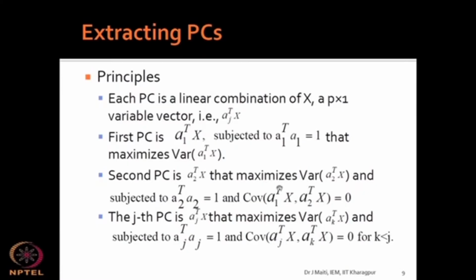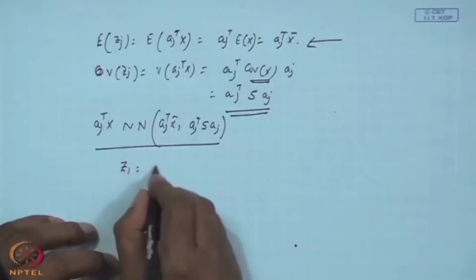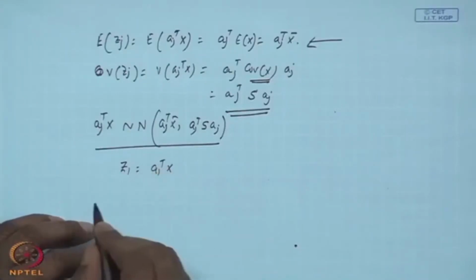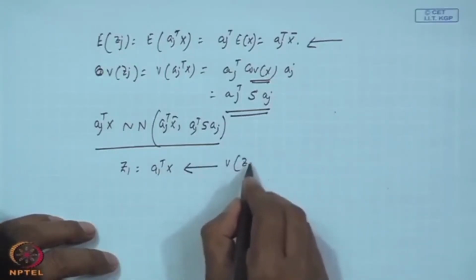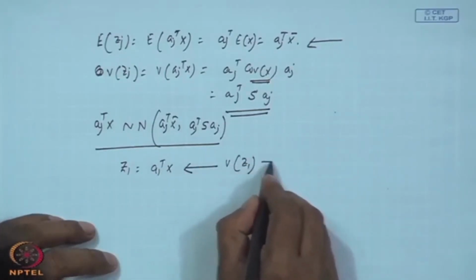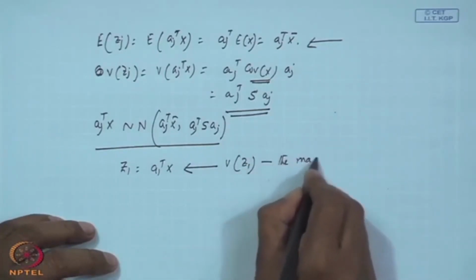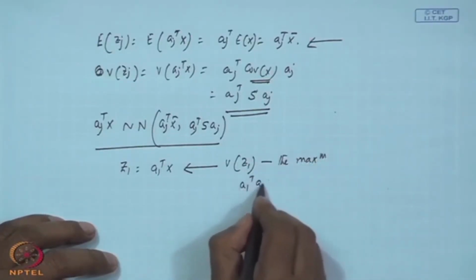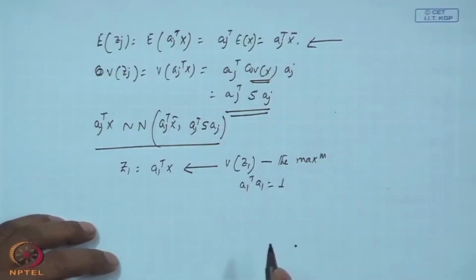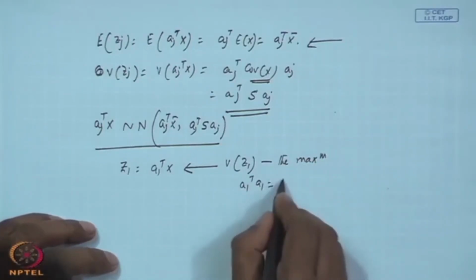We are saying the first component you are extracting, Z1, which is A1 transpose x, you will extract in such a manner that the variability of Z1 will be the maximum, and also A1 transpose A1 equal to 1, that is the normalization case.